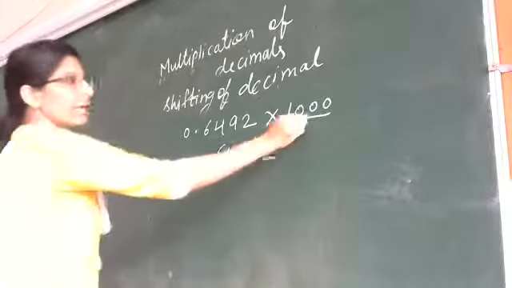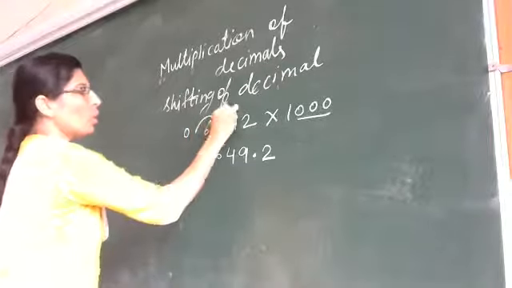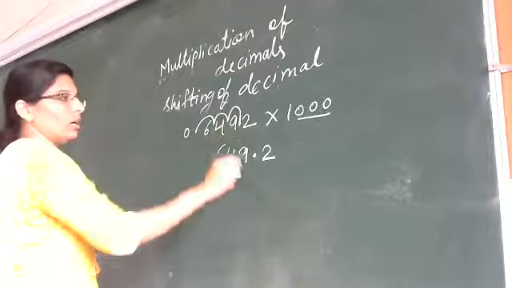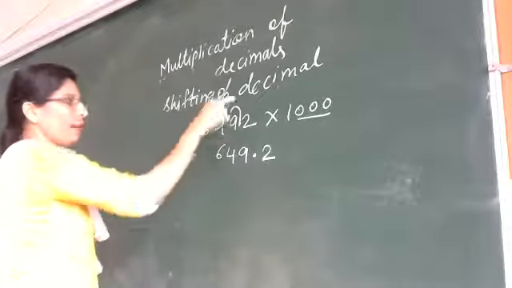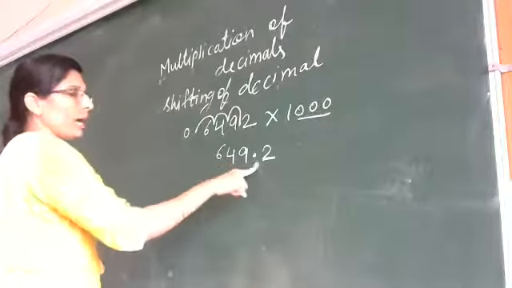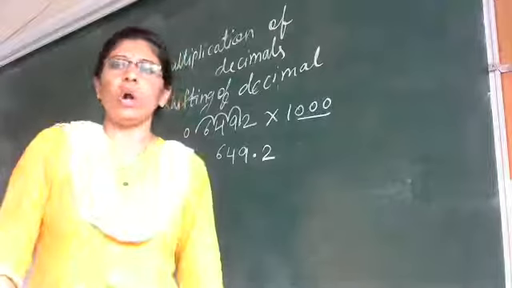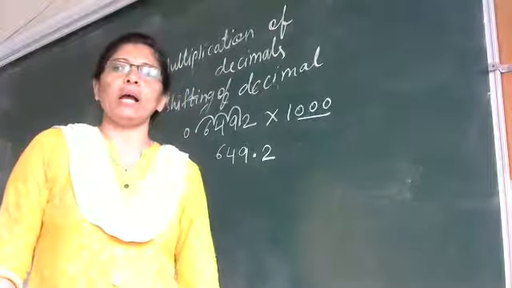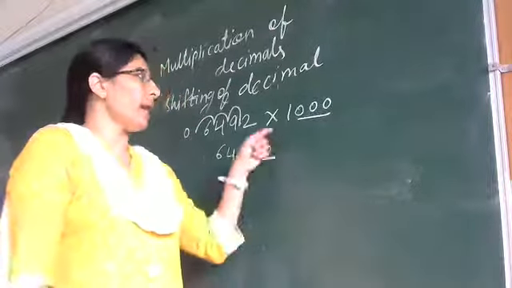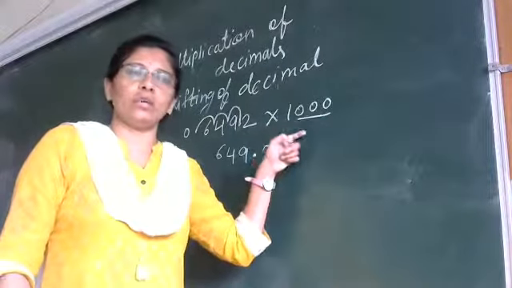Three zeros means the point will shift 1, 2, 3 digits. It will come here. So the answer is 649.2. Okay, all understood now how to multiply a decimal number with 10, 100 and 1000? Yes, ma'am.